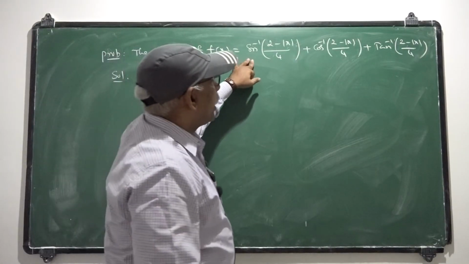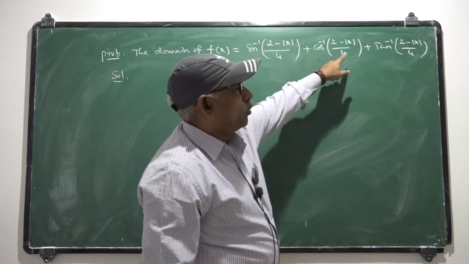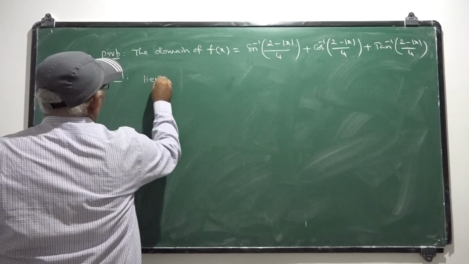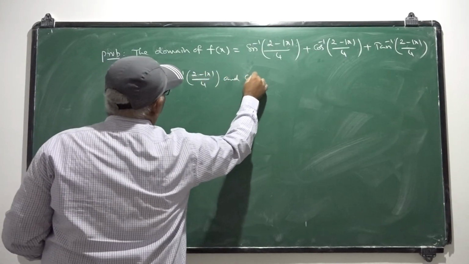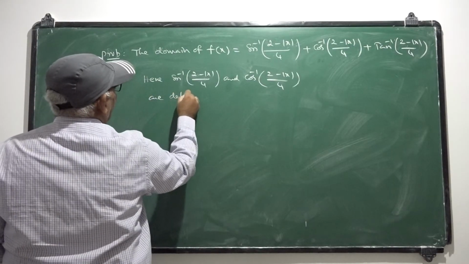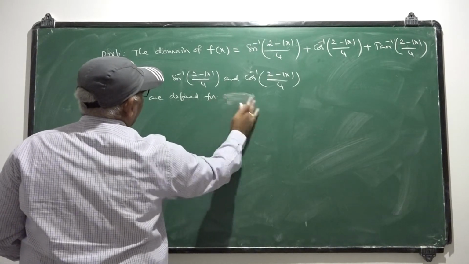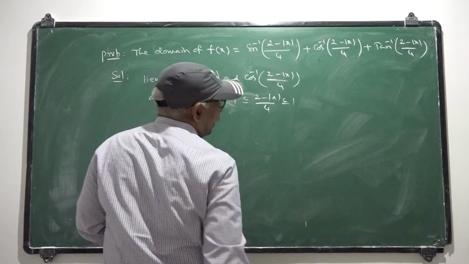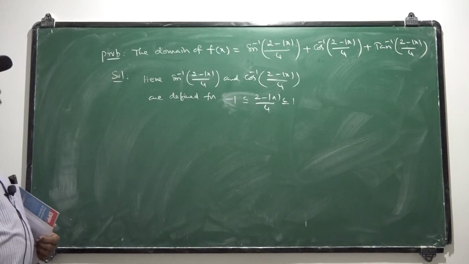Sine inverse function and cos inverse function both are defined whenever the value (2 minus mod x) by 4 lies between minus 1 and 1 inclusive. So for minus 1 less than or equal to (2 minus mod x) by 4 less than or equal to 1 only, both the functions are defined on the closed interval minus 1 to 1 itself.